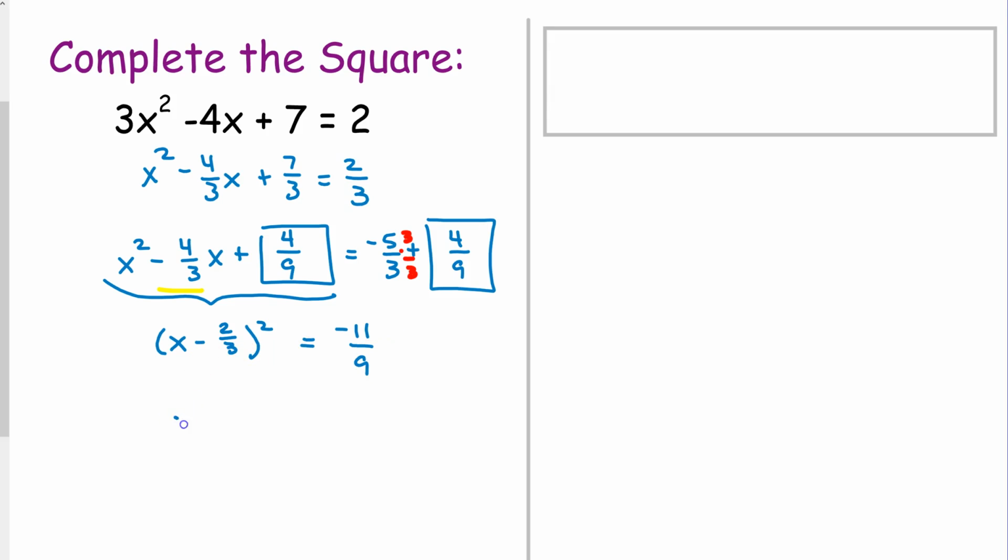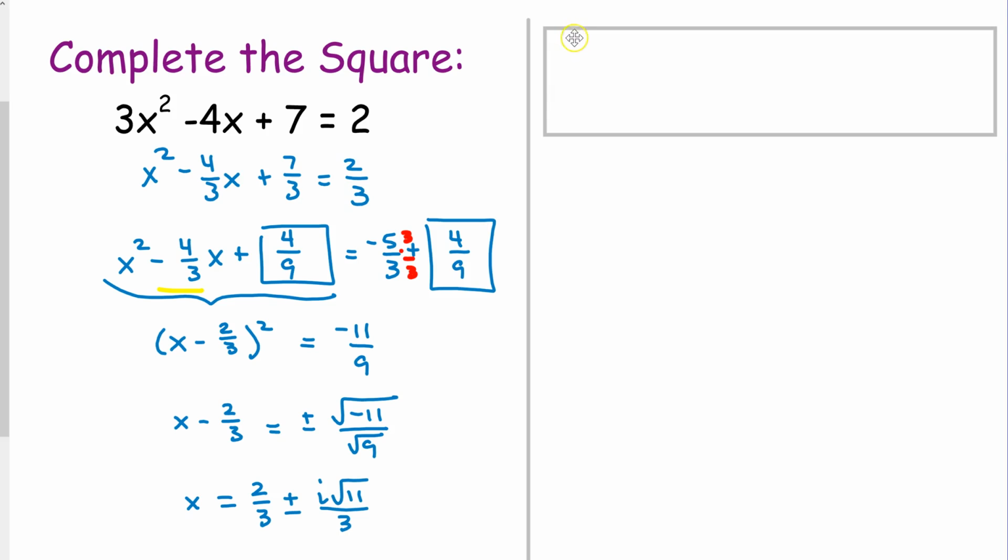Now we're ready to square root both sides. That's going to leave us with x minus 2/3 equals plus or minus the square root of negative 11 over the square root of 9. Then we add 2/3 to both sides, and we simplify the radicals. So we have 2/3 plus or minus i square root 11 over 3. That's just an example of completing the square.